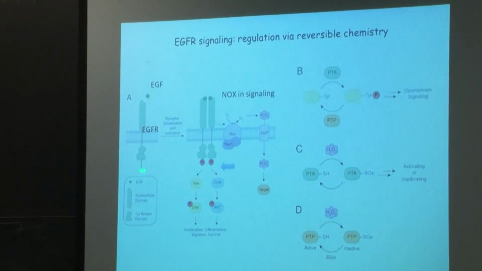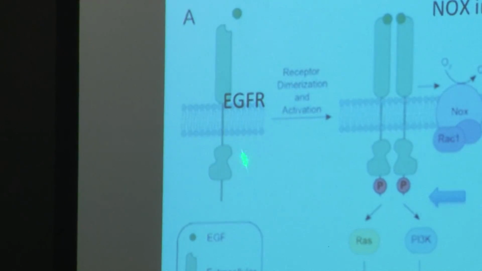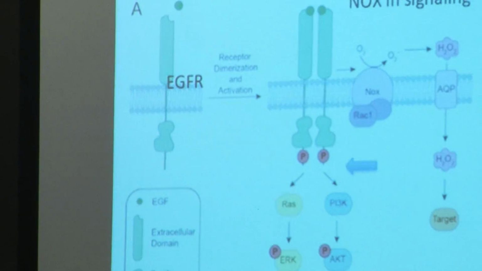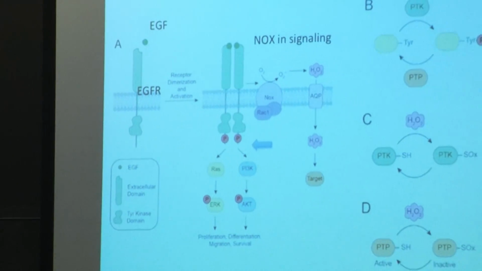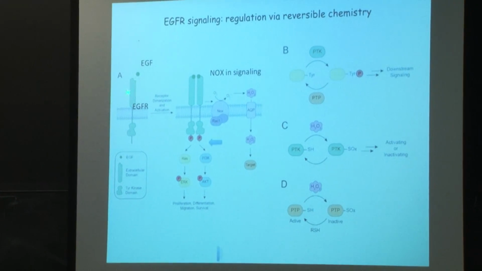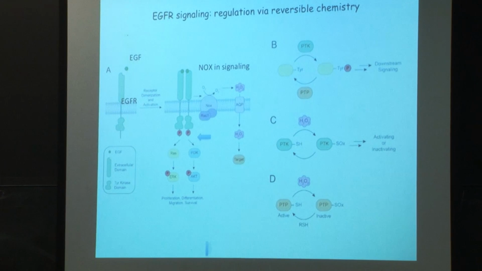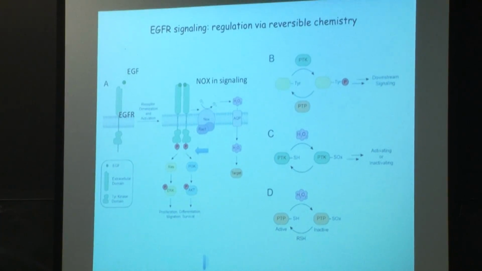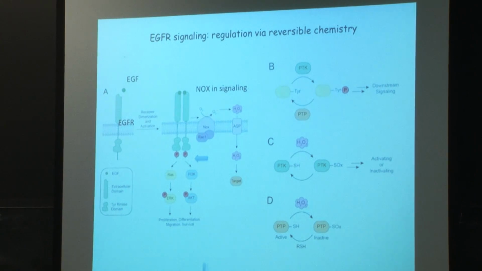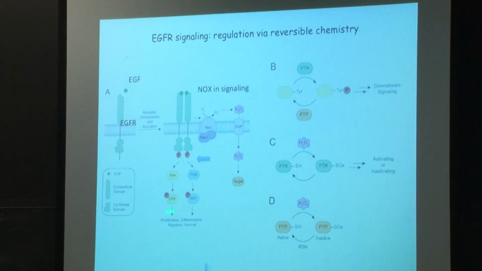You have the epidermal growth factor receptor, which has a single transmembrane region, and this little domain in the cytosol is the tyrosine kinase activity, and it can react on itself. This little ball is the growth factor, and the model has been that when the growth factor is around, the proteins can dimerize.